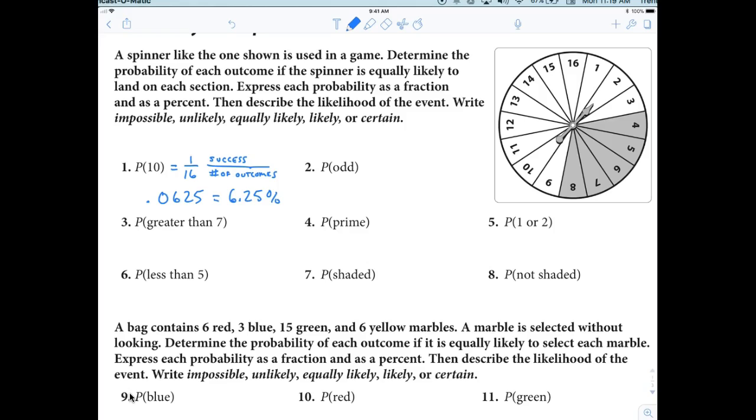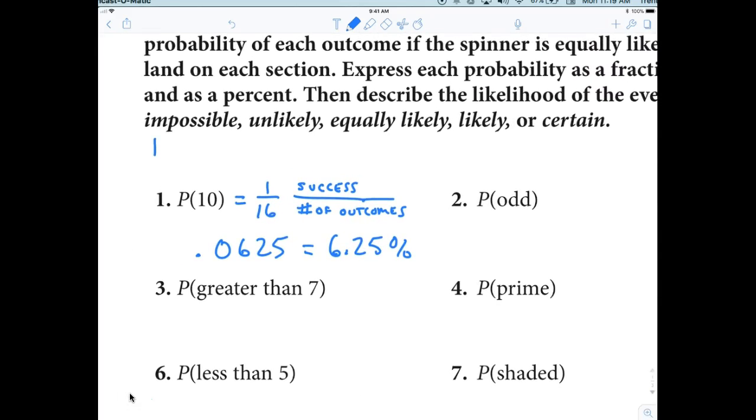Now, here's where some people don't know. Impossible means that the probability is 0. Certain means the probability is 1 or 100%. Equally likely means the probability is 1/2 or 50%.